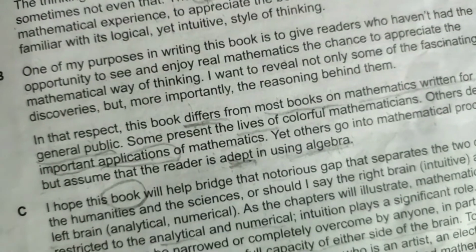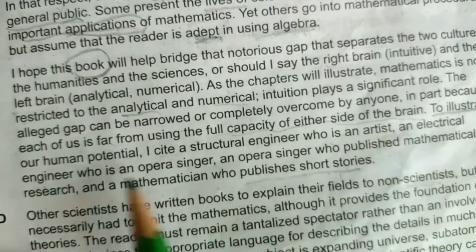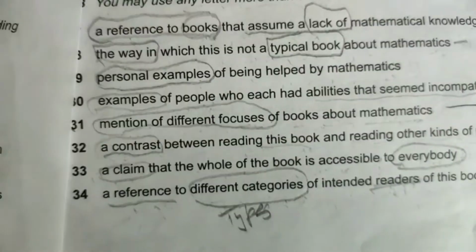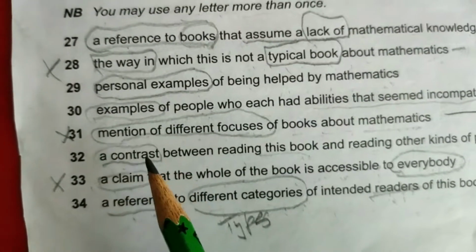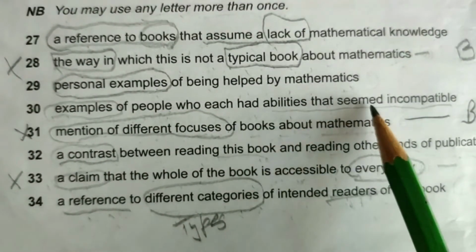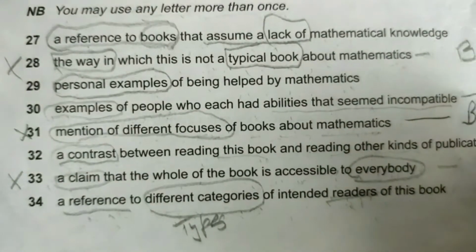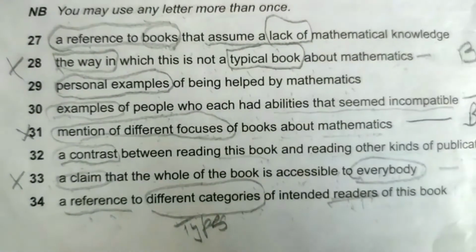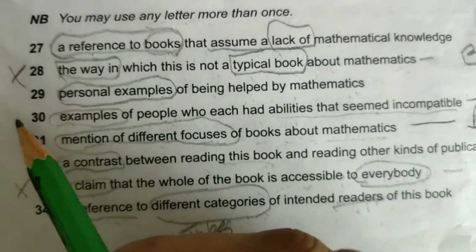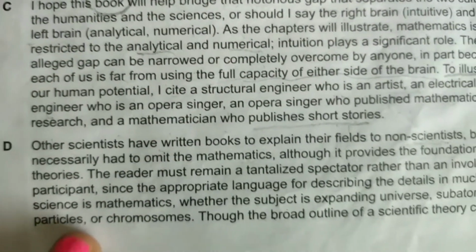Okay, now he is not giving any personal example. See, engineer who is an artist, electrical engineer, they have given so many examples here. So examples of people who had abilities that seemed incompatible. Okay, for this here C will come. Okay, again we will eliminate this. 30. Okay, move on to D paragraph.